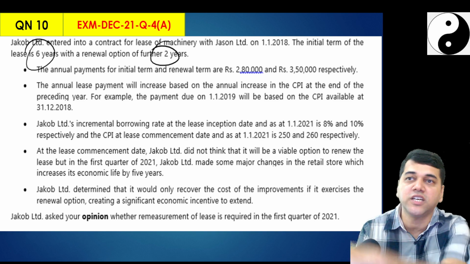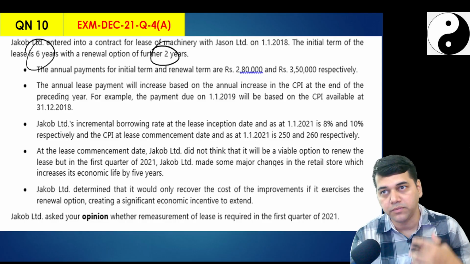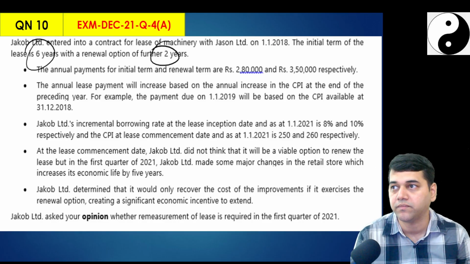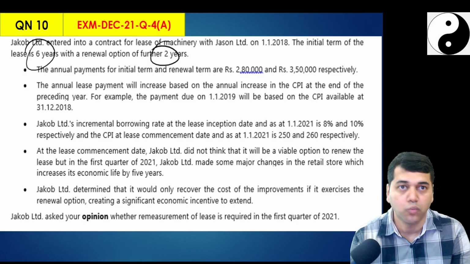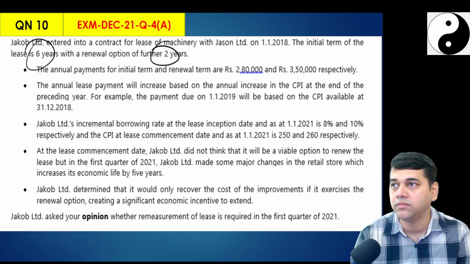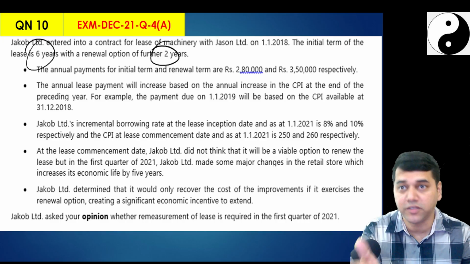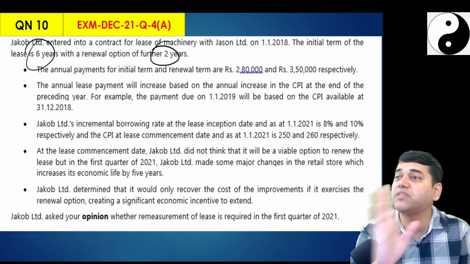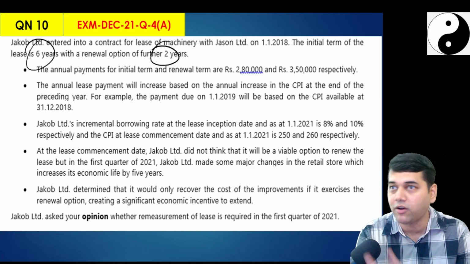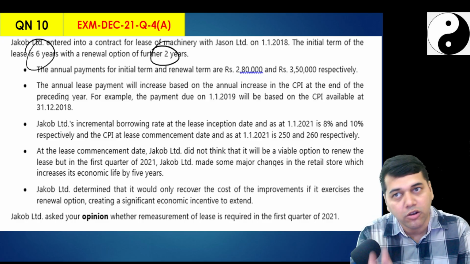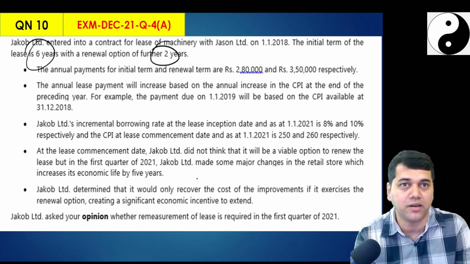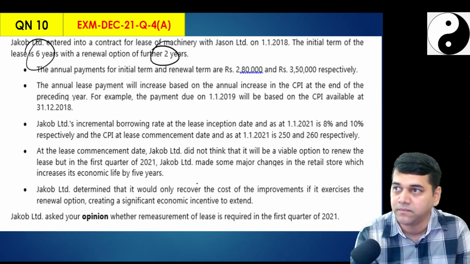But in principle, if we look into the question, this question is the study material question only. So my observation is the same. But generally what happens, since ICA is unpredictable, I'll tell you. In 99% of the questions out of 100, in the study material, they will give 31st March, 31st December, 1st.